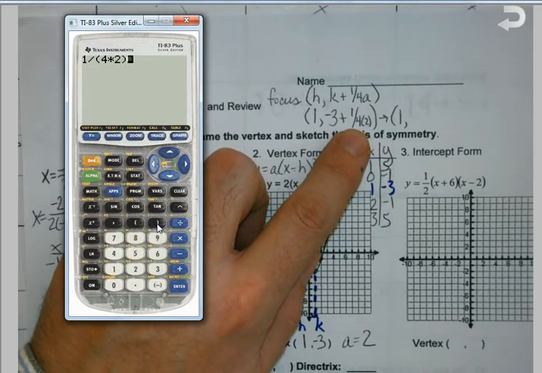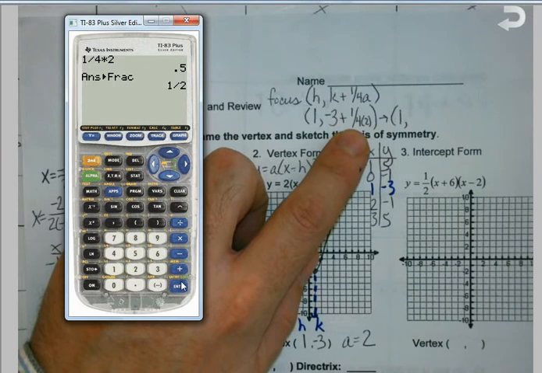Because if I don't put that denominator in parentheses, let me show you what happens. If I just type in 1 divided by 4 times 2, and you don't know that makes no sense as an answer, you're going to write that down and get it wrong. Because what's the calculator doing? The calculator does 1 divided by 4, and then does it times 2. Well, that's not what you want.